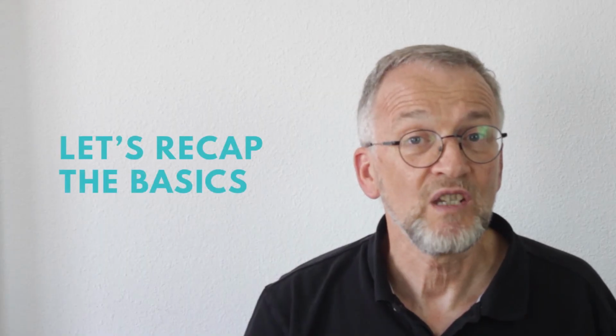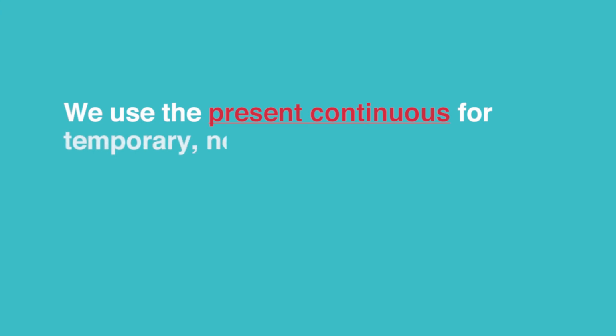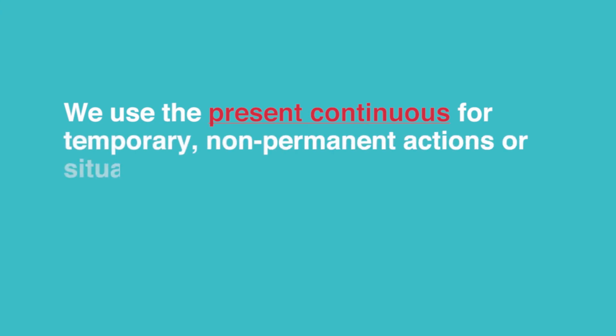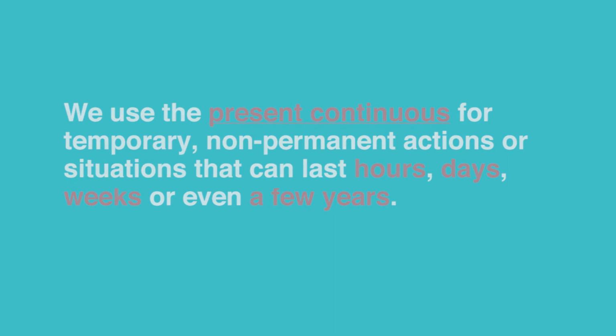Is that clear? Let's recap the basics. In a nutshell, we use the present continuous for temporary, non-permanent actions or situations that can last hours, days, weeks, or even a few years.